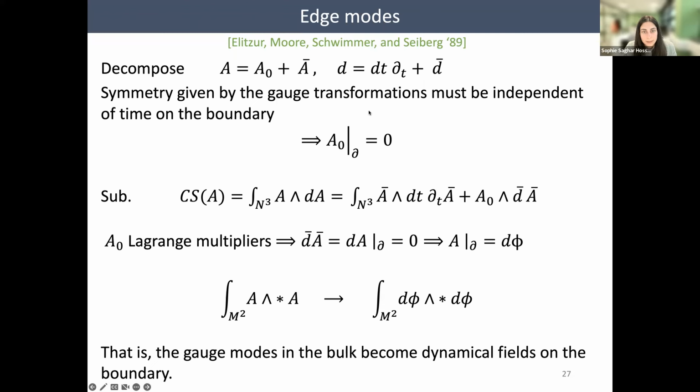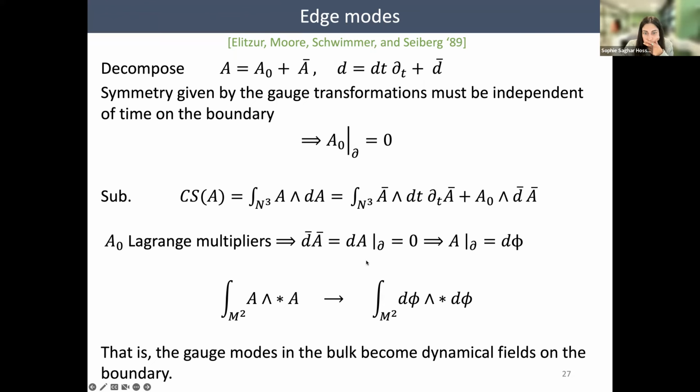So doing this and then substituting these expansions into our Chern-Simons action, we get this term, and here A naught is a Lagrange multiplier, so we have this condition.